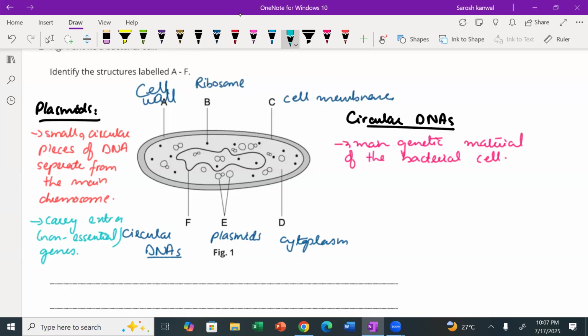While the circular DNA floats freely in the cytoplasm, it contains the essential genes, right? Those essential genes could be for growth, metabolism, and reproduction as well.